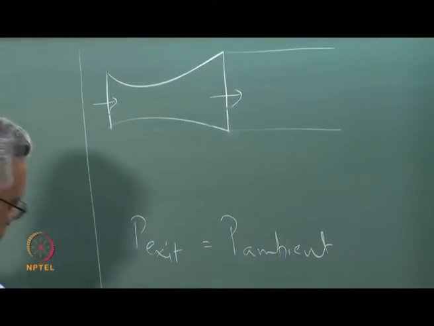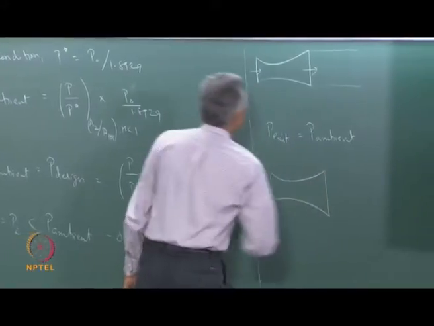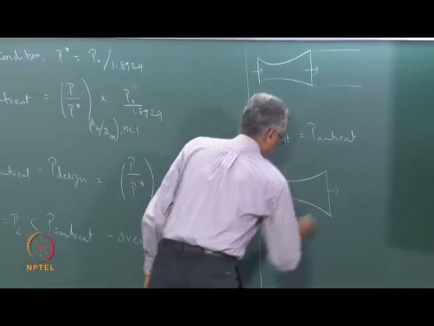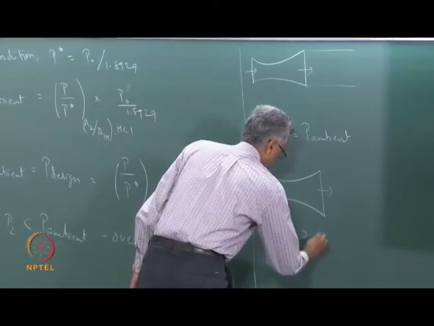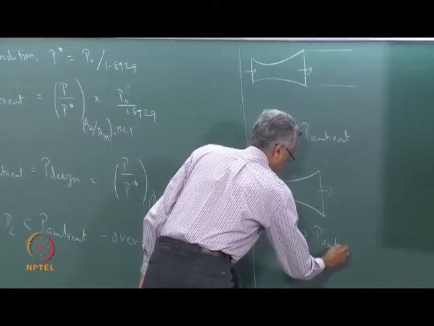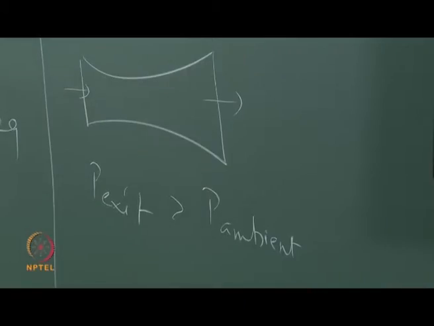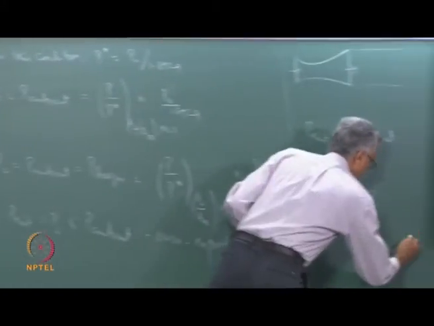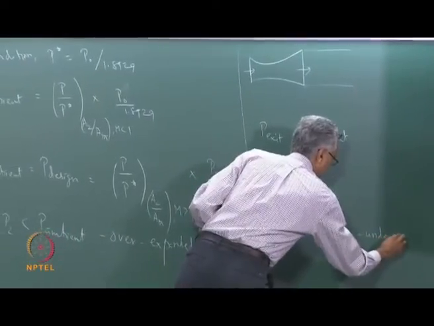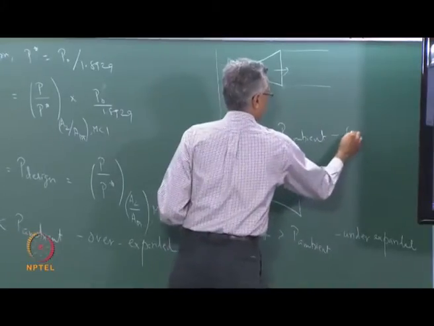Now if P exit is greater than P ambient, that means the flow is under expanded, and this is correctly expanded.